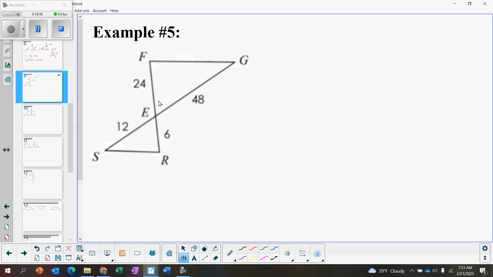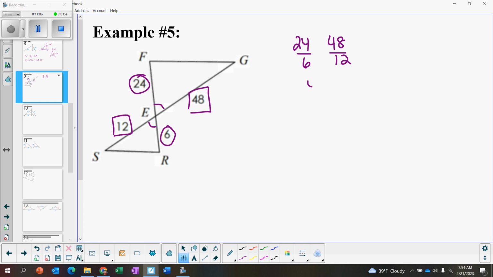Right, and the next example, I have vertical angles, and now 12 and 6, 24 and 48. 24 is smaller, and then 12 is bigger, 48 is bigger. So I'm going to compare 24 to 6, and I can compare 48 to 12.